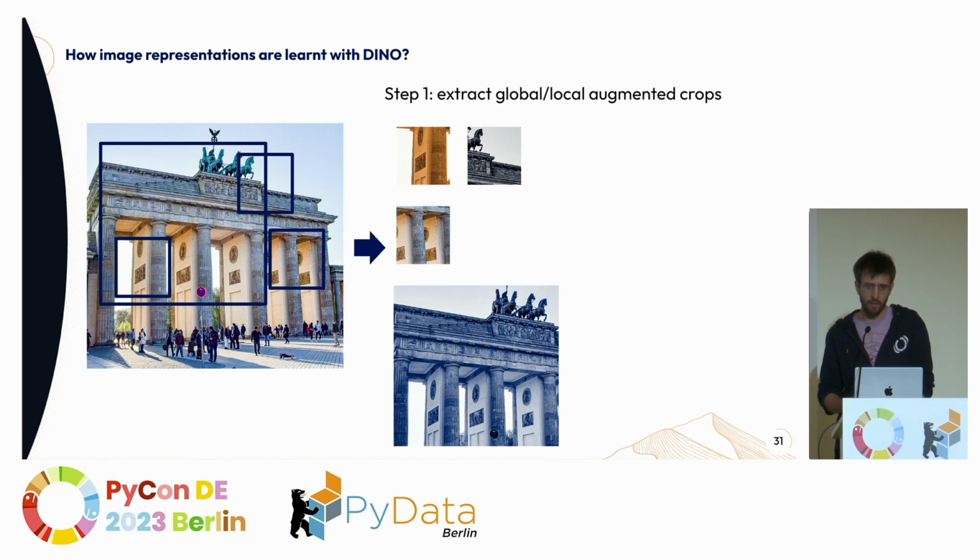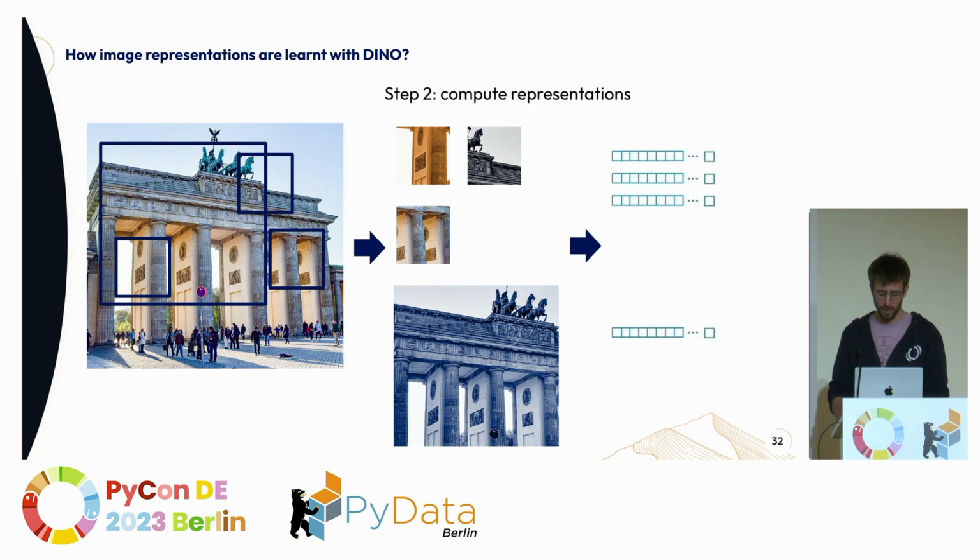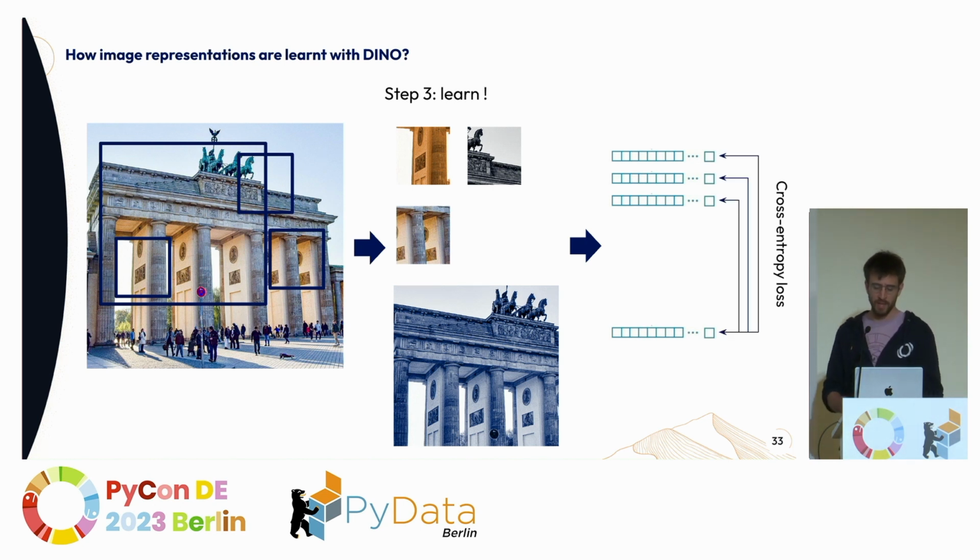We perform data augmentation on them, like color jitter or flips, classical augmentations. By doing so, we build several views of the same object, a bit like if you were there and took pictures with your phone while moving around the monument. When we have these different views, we put them into our feature extractor and we get representations. The training objective is to make these representations the same.